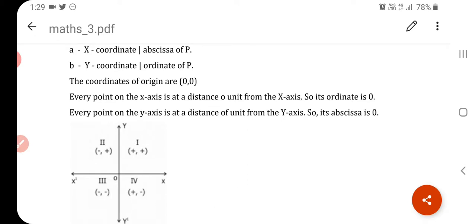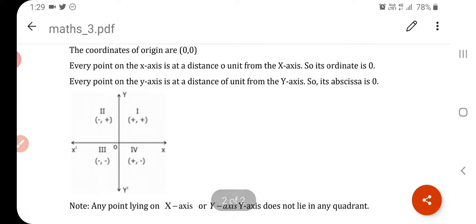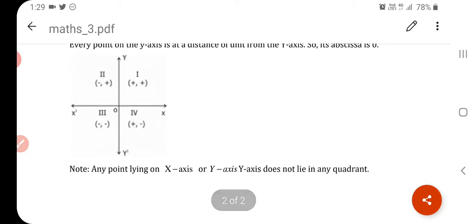Every point on the x axis is at a distance of 0 units from the x axis, so its ordinate is 0. Every point on the y axis is at a distance of 0 units from the y axis, so its abscissa is 0.